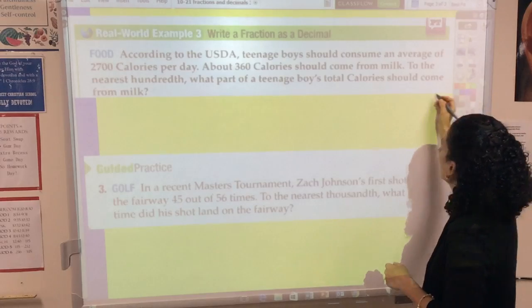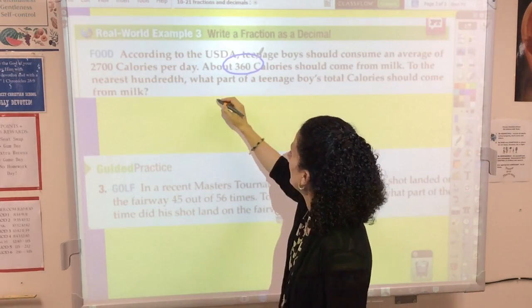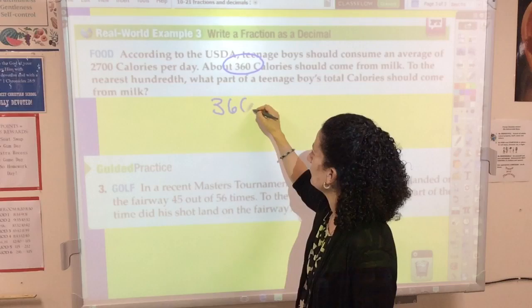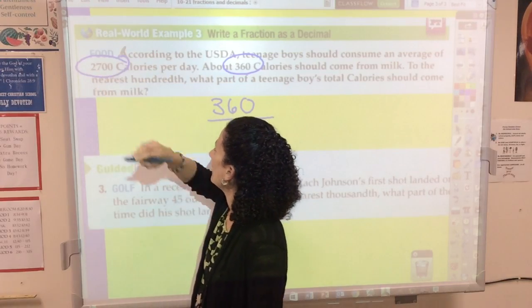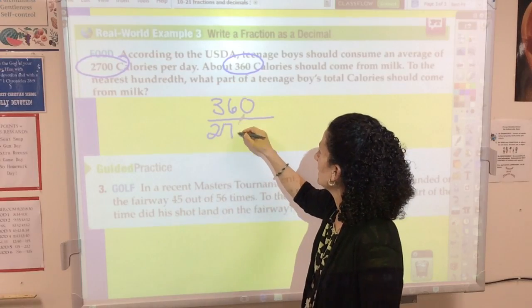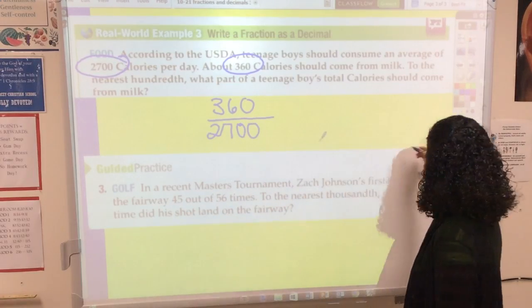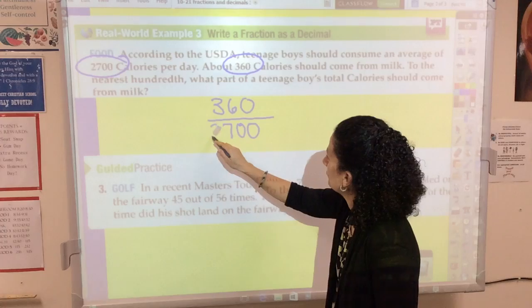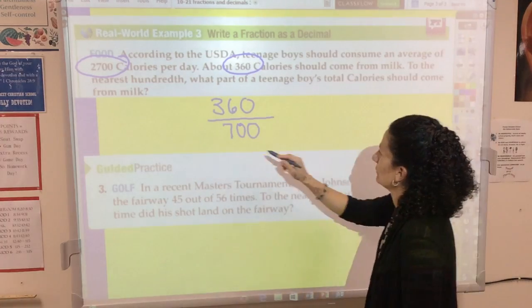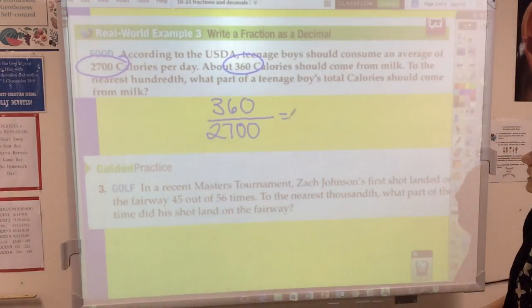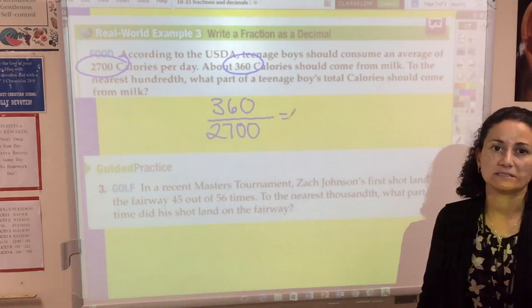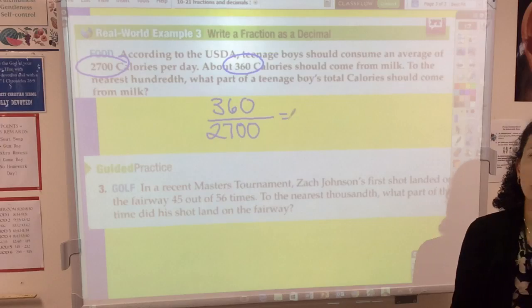Okay, so we've got 360 should come from milk, and they're supposed to consume 2,700 calories per day. So 360 from milk, 2,700 for the whole day. If we want to figure out what part this is, we could write it as a fraction in simplest form, or we could write it as a decimal.